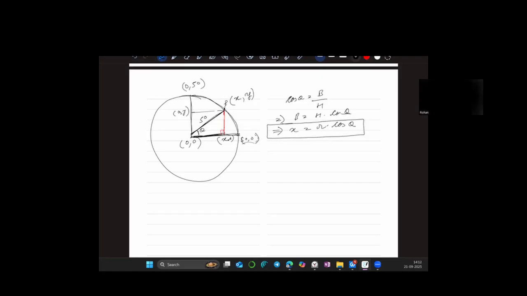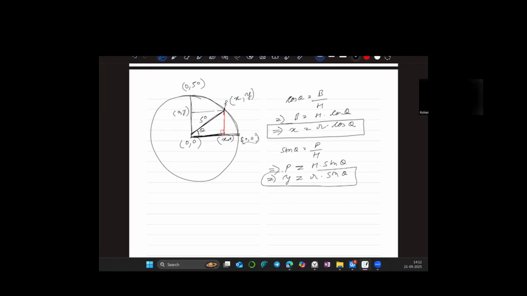Similarly, for the y-axis, we can use the trigonometric ratio of sine theta. So sine theta equals perpendicular by hypotenuse. So rearranging the equation, perpendicular is equal to hypotenuse times sine theta. Perpendicular is nothing but the y coordinate, hypotenuse is the radius, and sine theta we'll keep as it is.